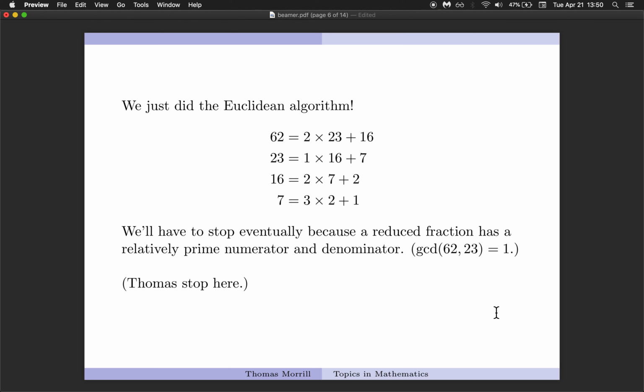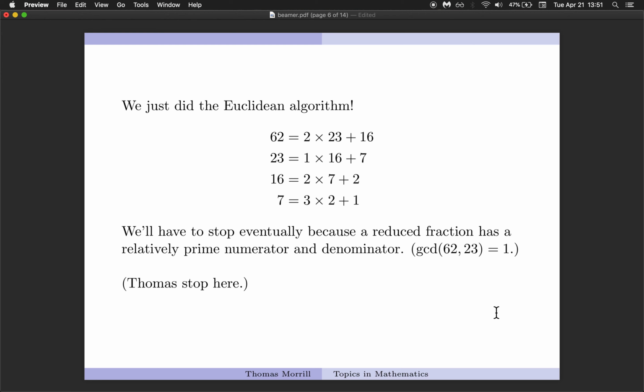As long as I have my fraction in lowest terms, then I know that the greatest common divisor of my numerator and denominator is going to be 1. So when we do the continued fraction expansion of 62/23, we're really just following the steps of the Euclidean algorithm, which we've been doing since the second week of class.